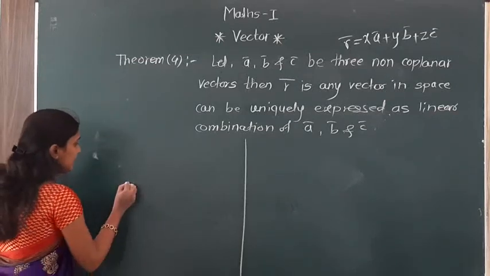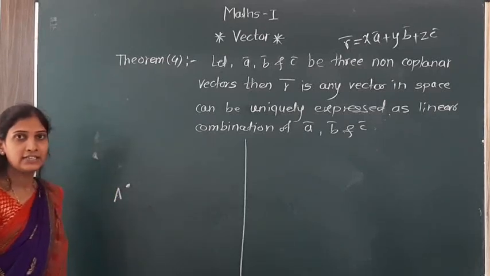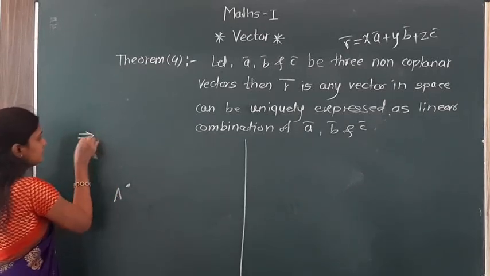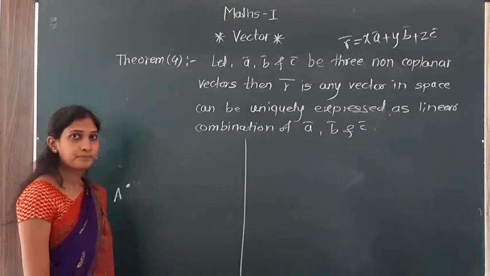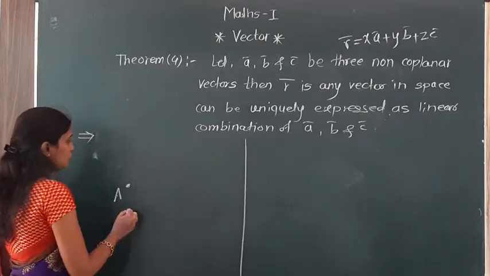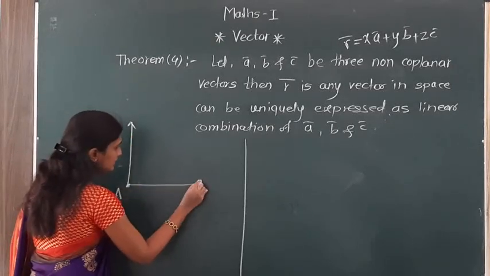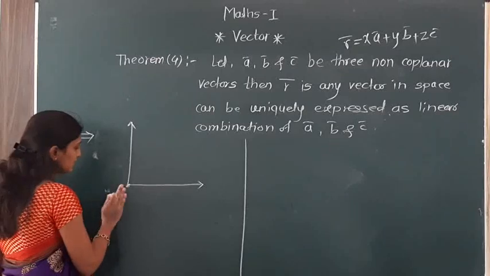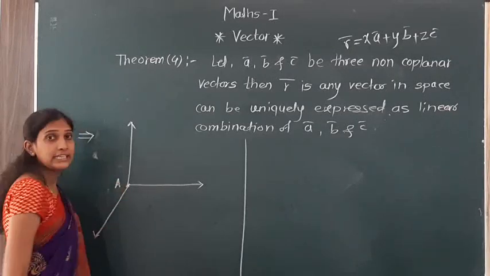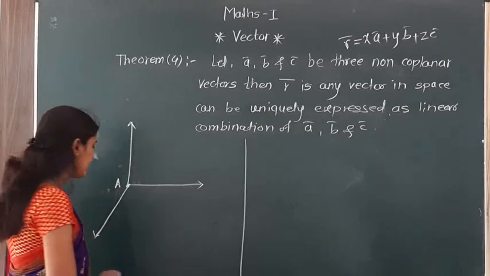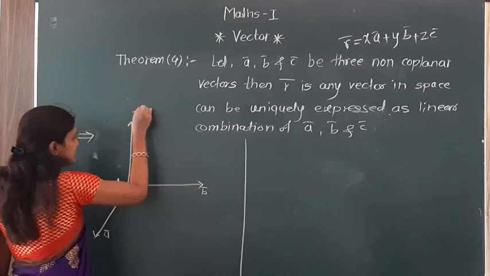Consider any point. Suppose this is point A in space. Now we draw three non-coplanar vectors a bar, b bar and c bar.